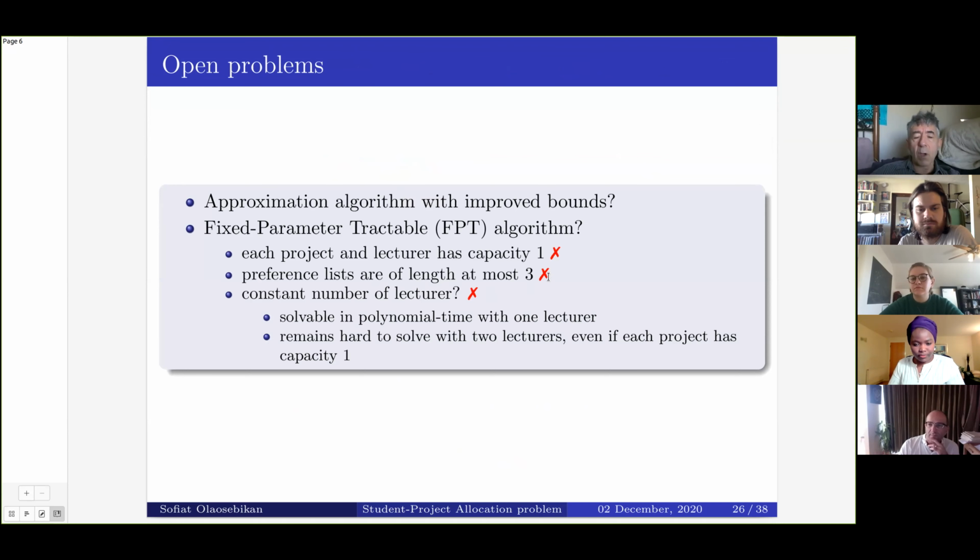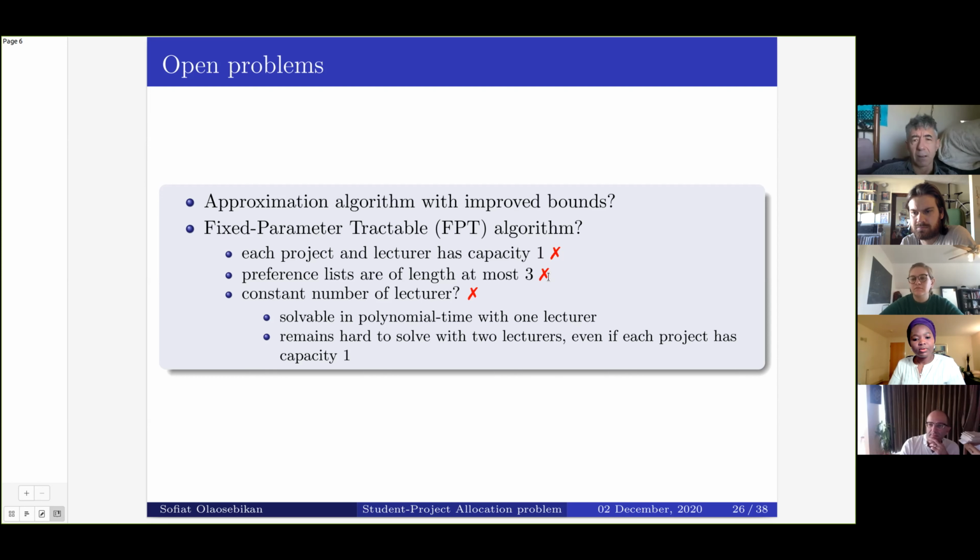So the question I had is, if you combine some of those things to make it even more restricted, like having short preference lists and short capacities and so on, can you still show it's NP hard?